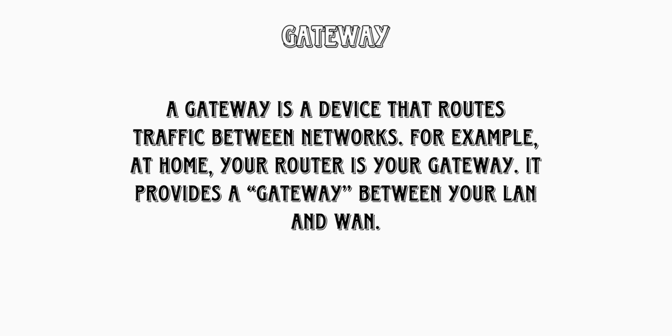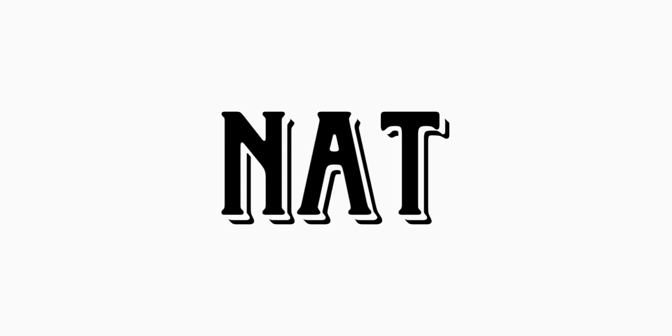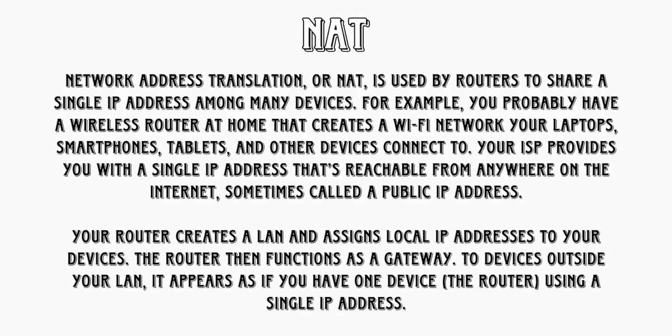It provides a gateway between your LAN and WAN, or Wide Area Network. NAT, Network Address Translation, is used by routers to share a single IP address among many devices. For example, you probably have a wireless router at home that creates a Wi-Fi network for your laptops, smartphones, tablets, and other devices that connect to it.